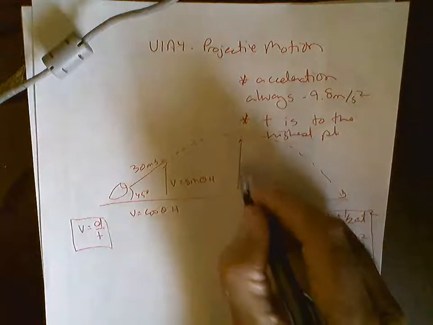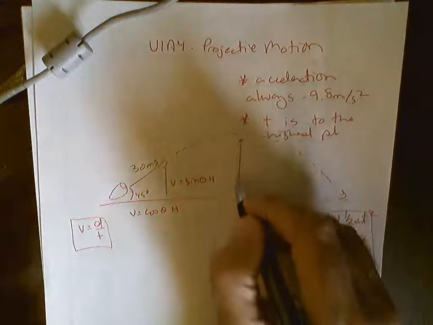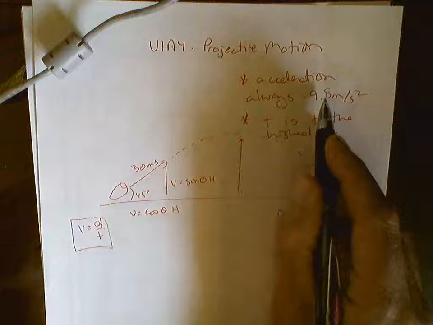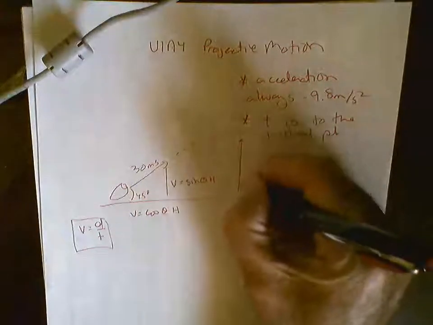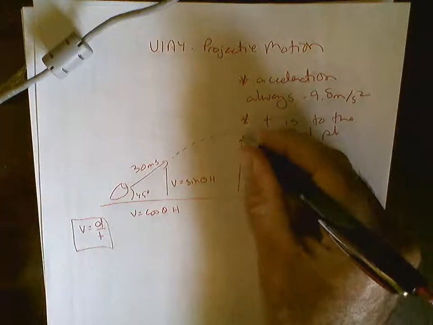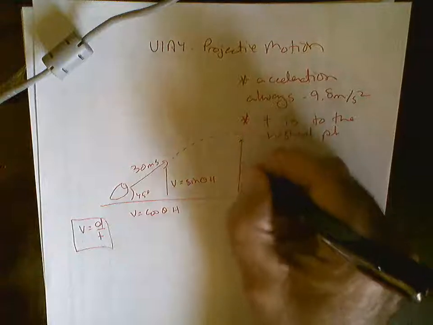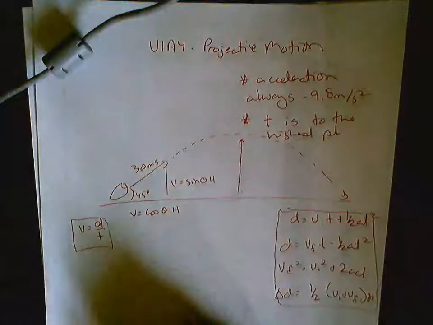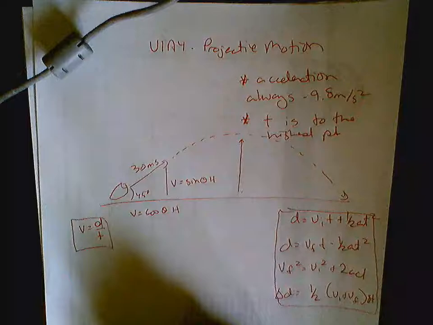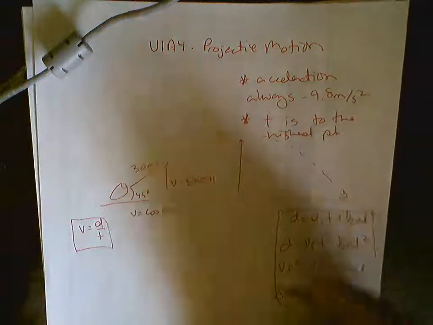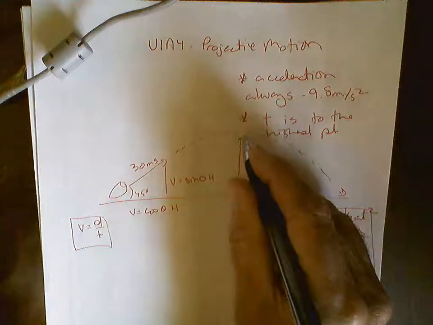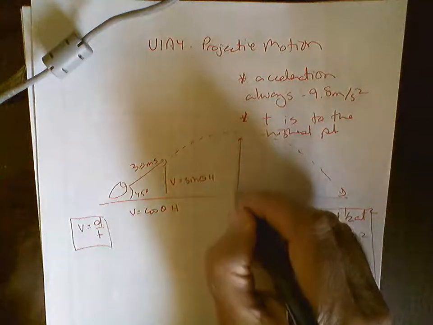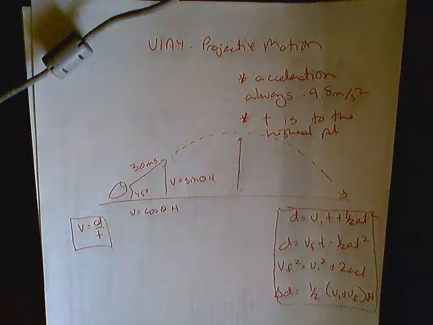It doesn't matter where we are in this trip, the acceleration is always negative 9.8 meters per second squared, which is acceleration due to gravity. The velocity is going to slow down as we go higher until we approach zero, but the acceleration is always the same. When we calculate t from these formulas, we're calculating the time up to the top. To get the total time, you've got to double it to come back down.